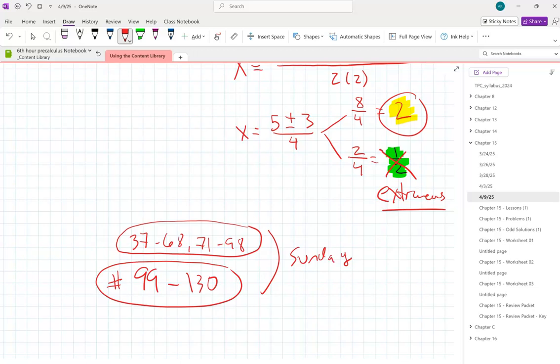And seniors, this is your last homework assignment from the book. You also have a Delta Math next week, but those are your last 2 homework assignments. I would point out to you, seniors, that if you have 100% in the homework category, and there are 2 dropped homework assignments, what's going to happen if you don't turn in the last 2 homework assignments?